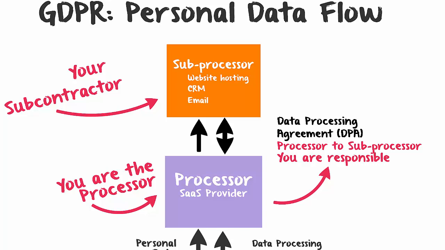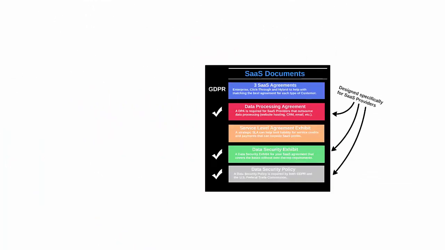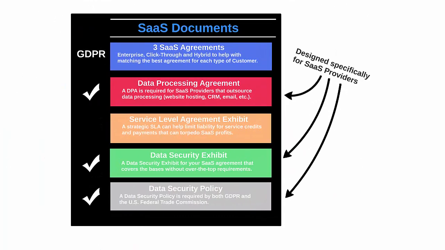Now, on the right margin, this is the key, this is the big takeaway. You'll recall that it's the processor's legal obligation to bind that sub-processor with a DPA. Now, quickly, before we get to how to do it, panel number 2 there, titled Data Processing Agreement, is the agreement that you typically will have in your quiver in order to determine whether to present that or not, and we'll get into that right away.